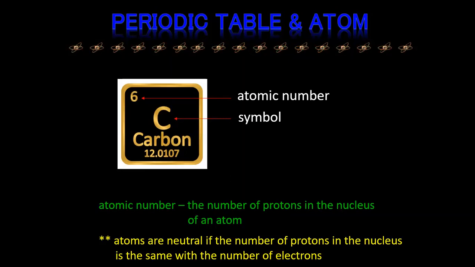So if you got 7 protons, then you have something else. If you have 5 protons, then that's not carbon. And then this number, the bottom one, is the average atomic mass. And we will talk about that later on.